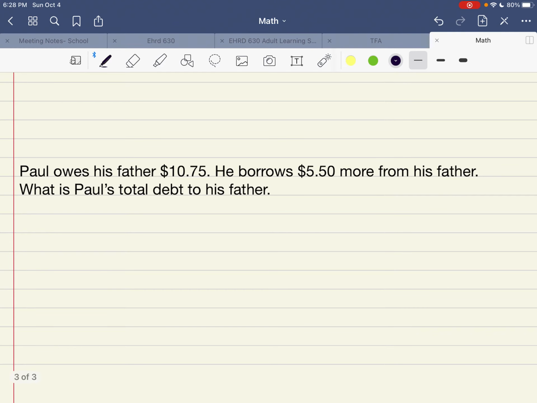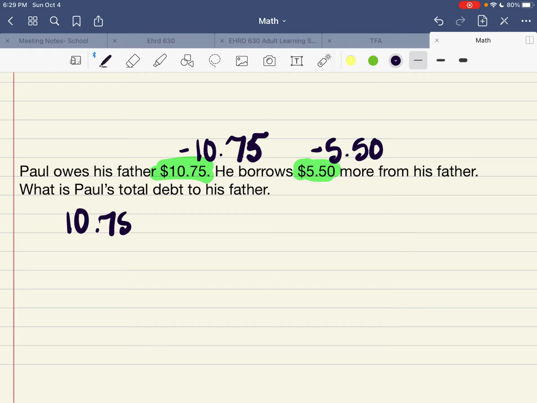All right, last but not least, Paul owes his father $10.75. If he owes it, is this number going to be positive or negative? Negative. If he borrows $5.50 more, so if he borrows more, that means he owes more, so it's going to be $5.50 again, more from his father. What is his total debt to his father? So total, when they have the same signs, we just need to add them and keep the sign.